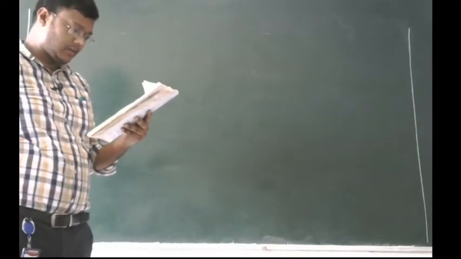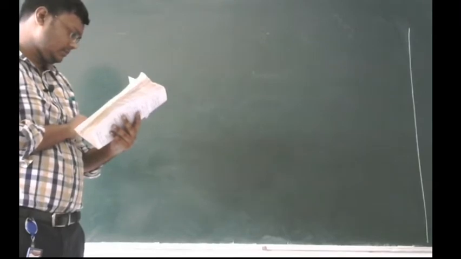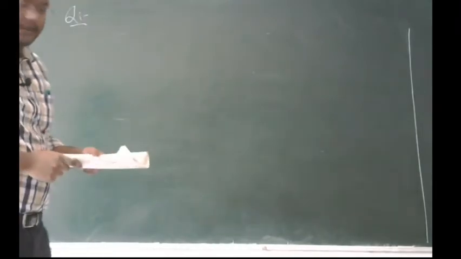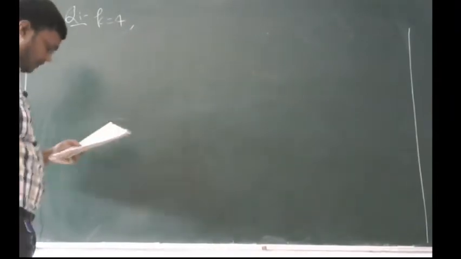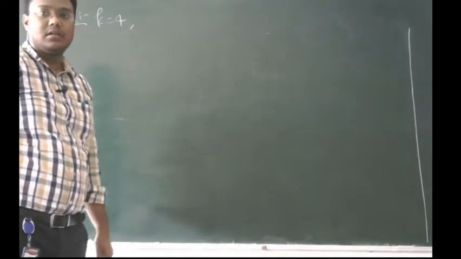A four-cylinder petrol engine having its stroke. So here in this question, it says a four-cylinder petrol engine, which means the number of cylinders is 4, small k is equal to 4, having its stroke equal to 1.5 cylinder diameter.